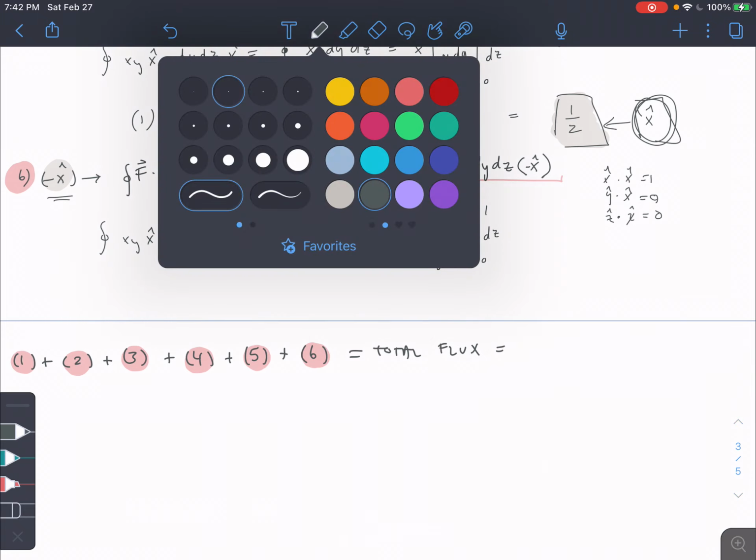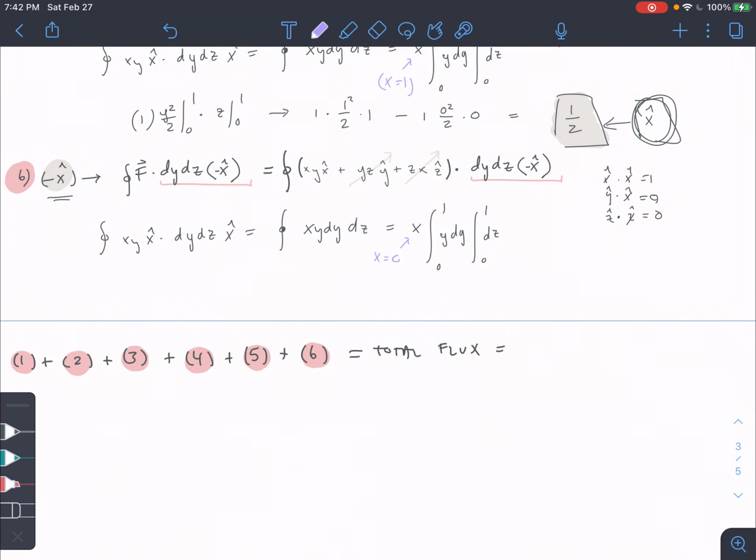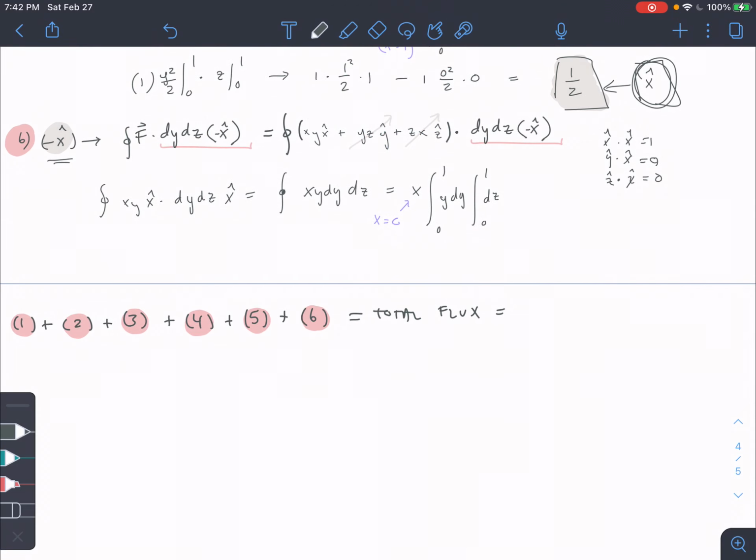So for our last piece, we evaluate x times y squared over 2 times z, 0 to 1, 0 to 1, with x equals 0. We end up with 0 times 1 squared over 2 times 1 minus 0 times 0 squared over 2 times 0, which is equal to 0 for this last piece in the negative x hat direction.